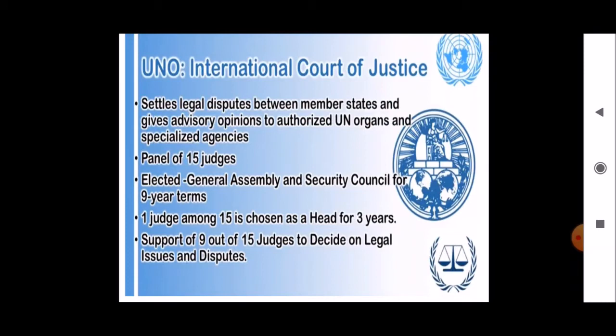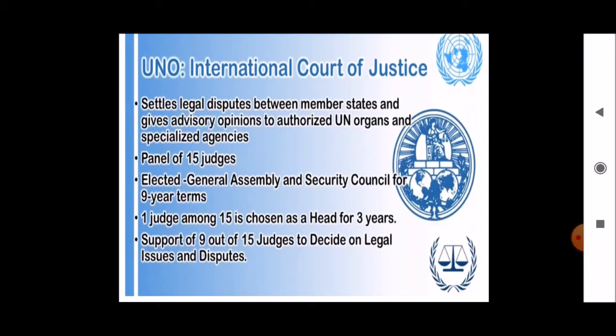International Court of Justice, also called the World Court, works towards resolving disputes between member countries. It has a panel of 15 judges elected by the General Assembly and the Security Council.